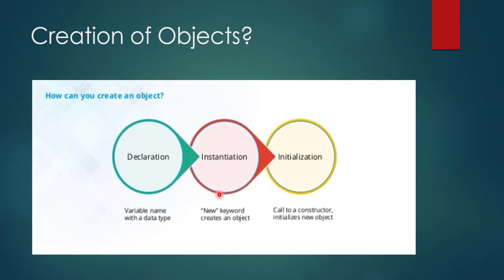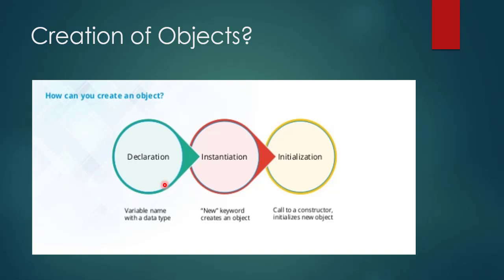Creation of objects. We can create objects in three ways. The first one is declaration, then initialization, and instantiation. In declaration, you give the variable name with the data type.